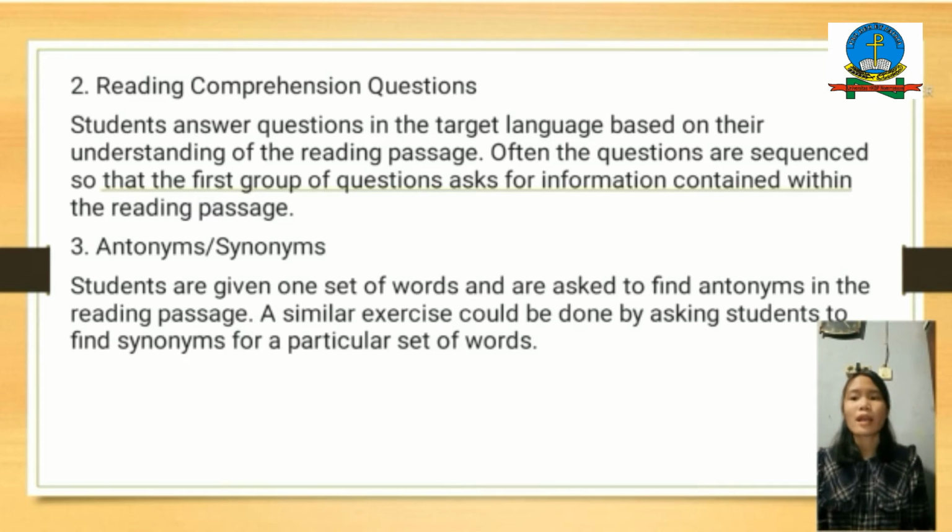Number 3 is antonyms or synonyms. Students are given one set of words and are asked to find antonyms in the reading passage. A similar exercise could be done by asking students to find synonyms for a particular set of words.